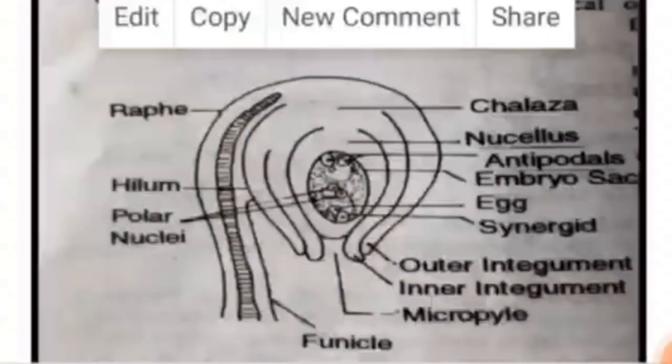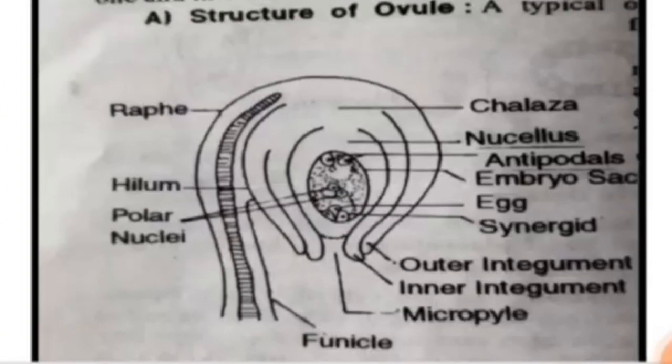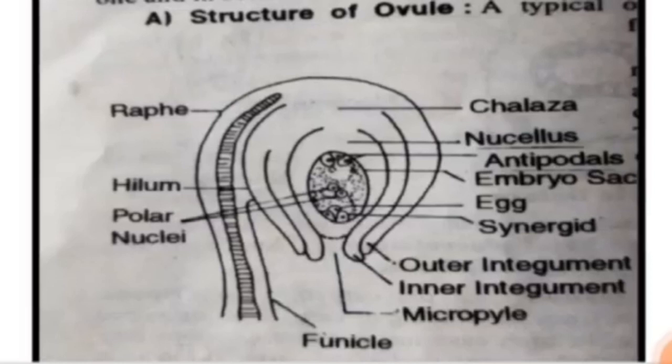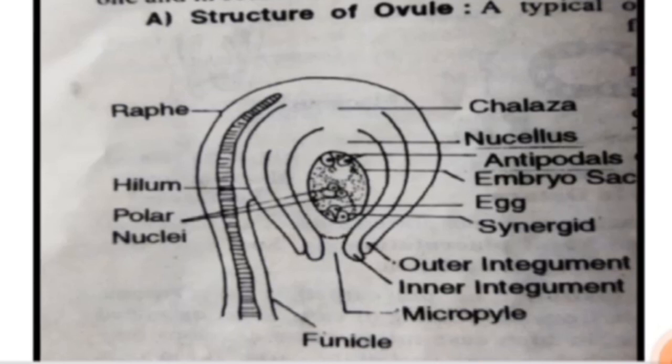This is the anatropous ovule, which is mostly found in angiospermic plants. In anatropous ovules, the ovule body lies parallel to the raphe, hilum and funicle. Such a type of ovule is known as the anatropous ovule.